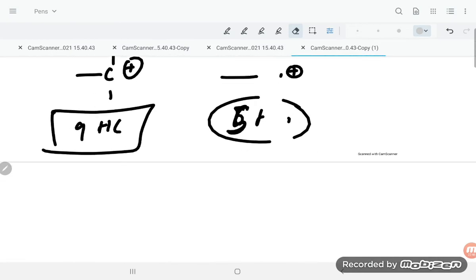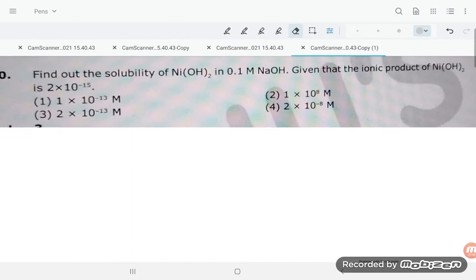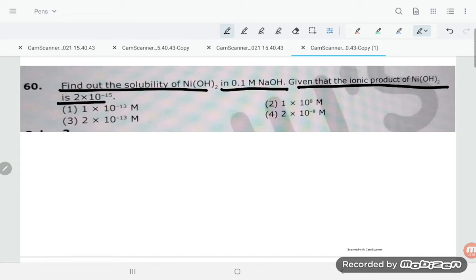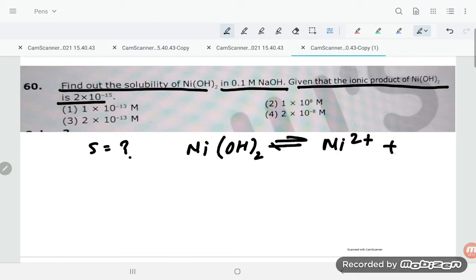Let us go to the next problem, student, problem number 60. Find out the solubility of Ni(OH)2 in 0.1 molar NaOH, given the ionic product of Ni(OH)2. Solubility they are asking, student, for Ni(OH)2. So Ni(OH)2 gives Ni2+ and 2OH-.